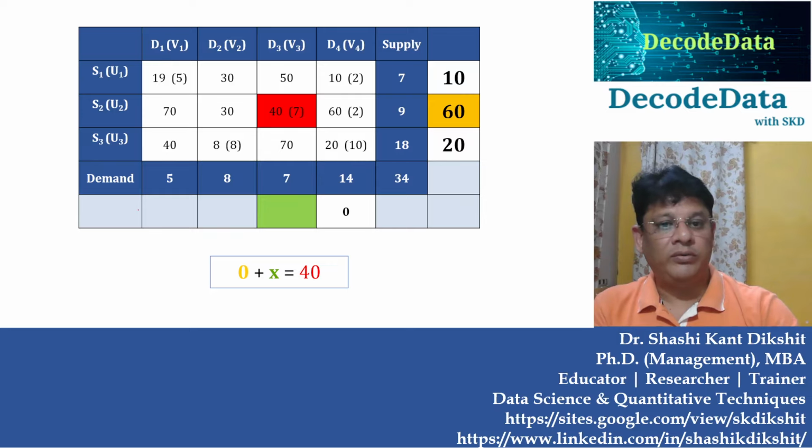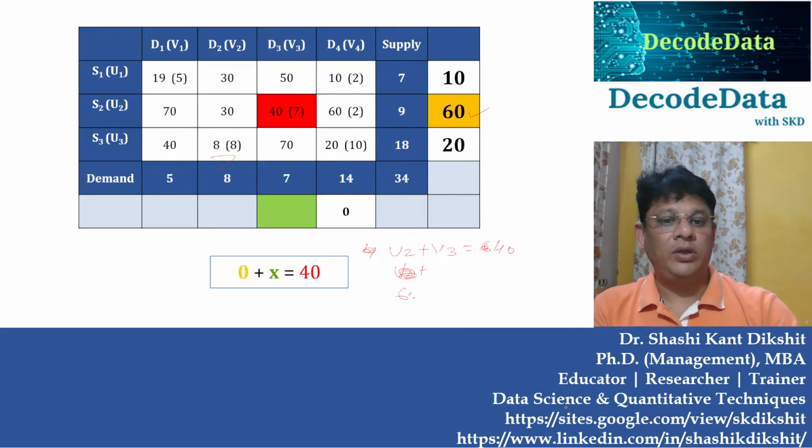Now u2 plus v3 is equal to 40, right? u2 is 60.